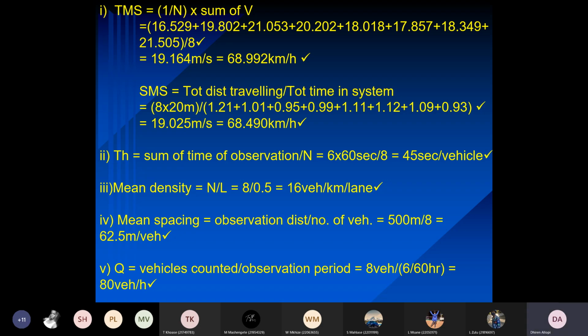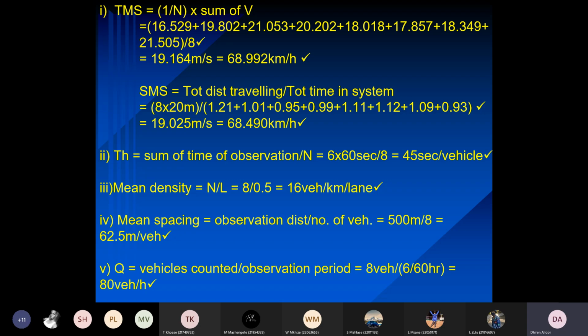And then moving on from there to your mean spacing. Your mean spacing is given by, again, the data sheet that we looked at a short while ago. Mean spacing is given by your observation distance divided by the number of vehicles. Go back to the question, what unit do you want for your mean spacing? You need the answer in meters per vehicle.